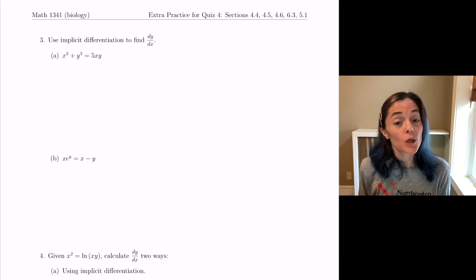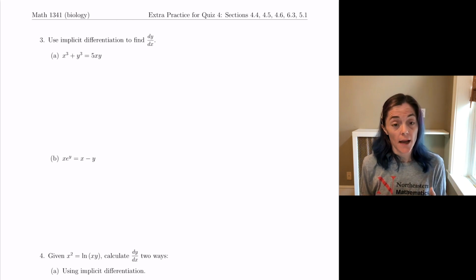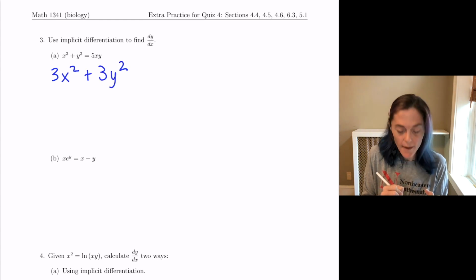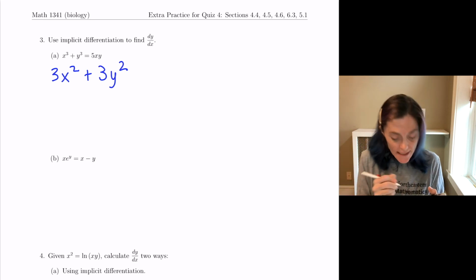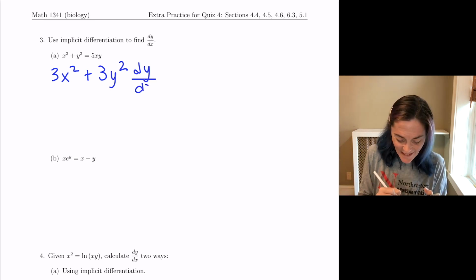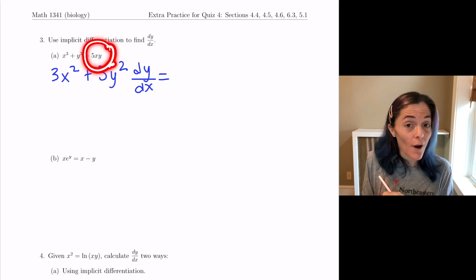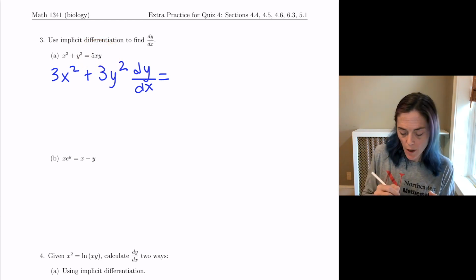Number 3, use implicit differentiation to find dy/dx. Okay, 3x squared plus 3y squared times dy/dx equals, now if you stare at this, 5x times y, this will be product rule. Here we go.